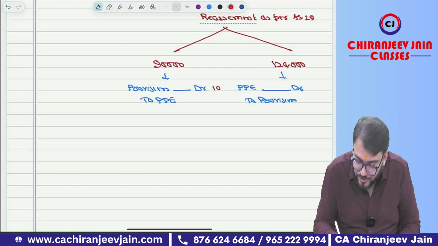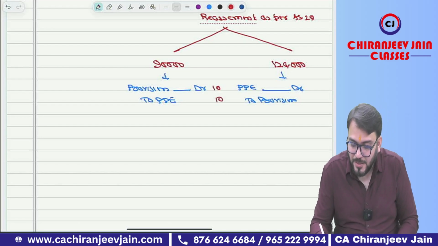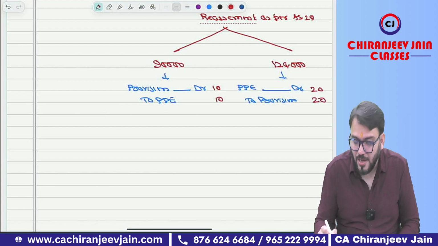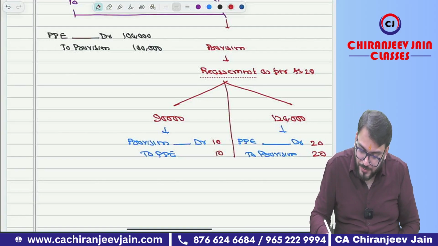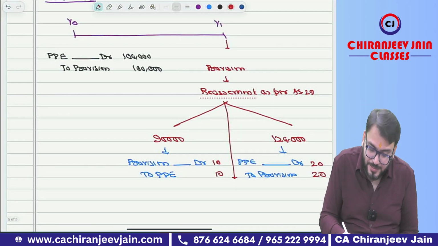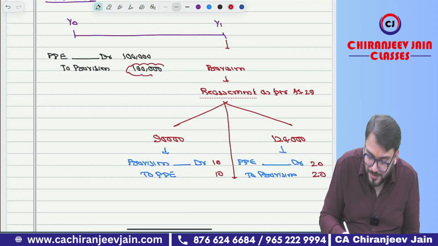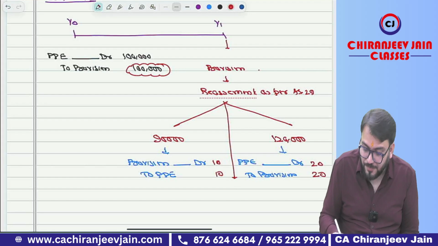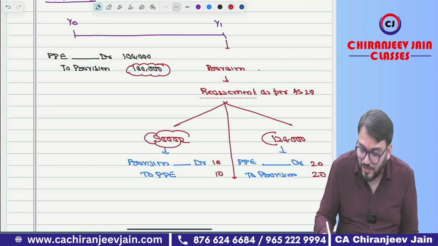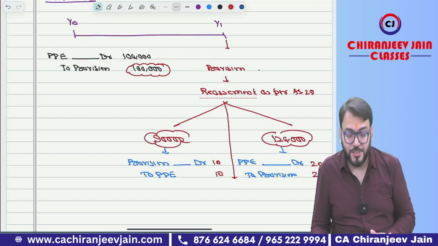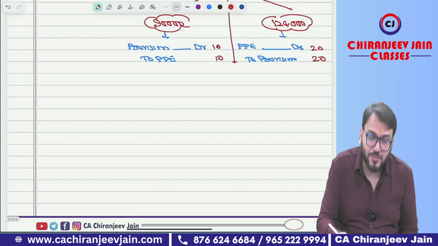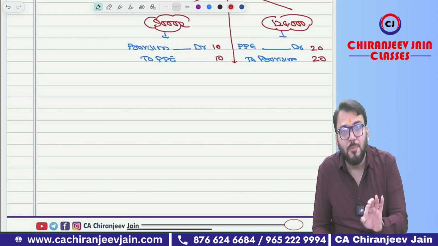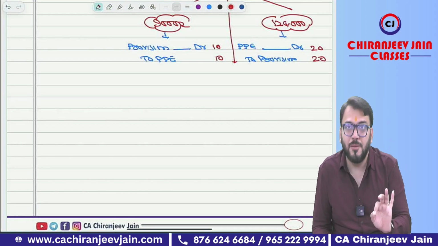Here the amount is 10,000, here the amount is 20,000. Understood? The initially estimated amount was 1 lakh, the present value. Now the present value becomes 90,000 or 1,20,000. Got this point? Now under the revaluation model, the entire adjustment will be done with the revaluation surplus.